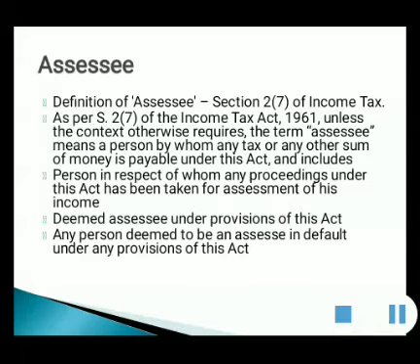So who is an assessee? Assessee is, according to Section 2(7) of the Income Tax Act, any person, unless the context otherwise requires.